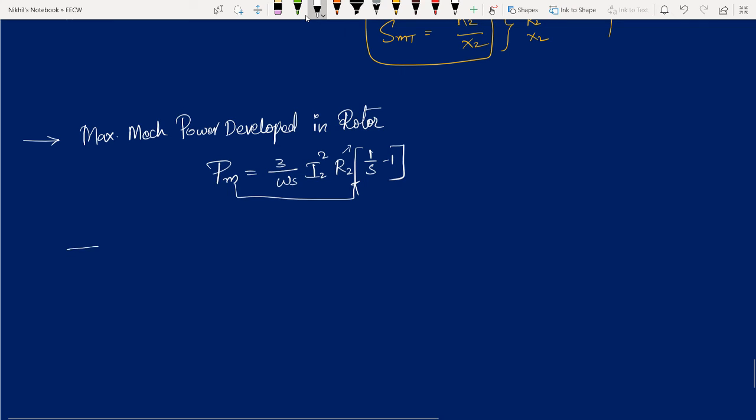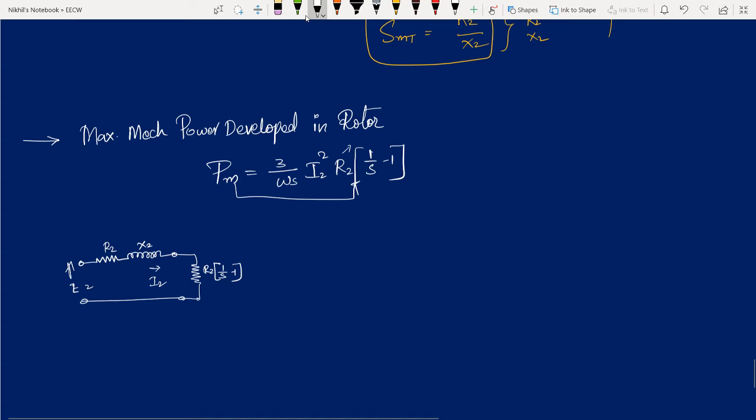On the rotor side we have R2, and R2 into (1 by s minus 1). E2 is the voltage, I2 the current.